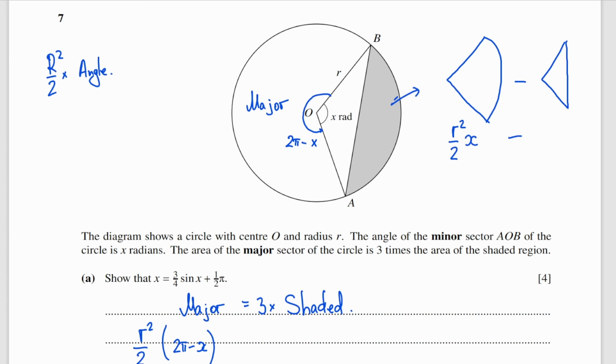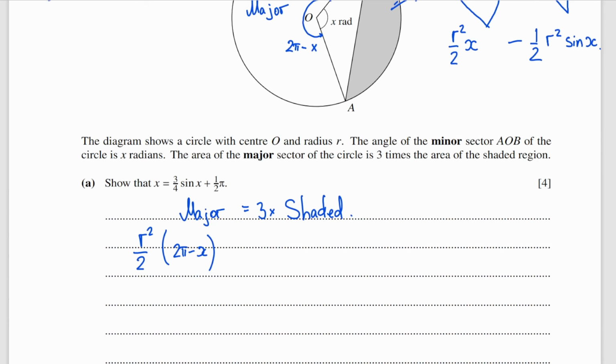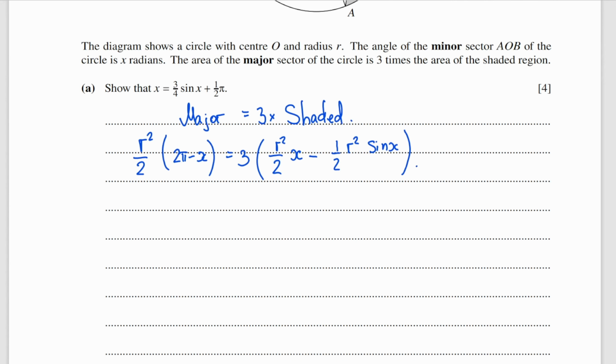And for the triangle, we could use the formula half ab sine C. A half r times r is going to be r squared sine of the angle. And let's put this to the right-hand side of our equation. Now let's expand the brackets.